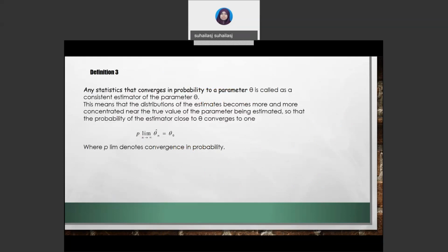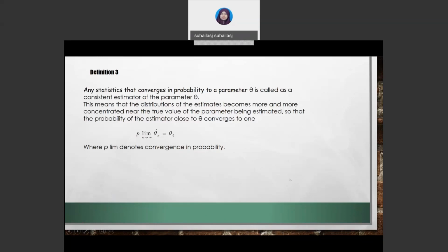So this one is called a consistent estimator. When you take the limit as n approaches infinity, theta hat subscript n will approach some value which is theta naught. So this is a consistent estimator. So if it satisfies the first definition, second definition, and the third definition, you can conclude we have a good estimator.